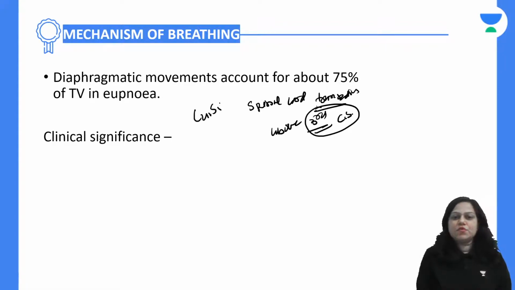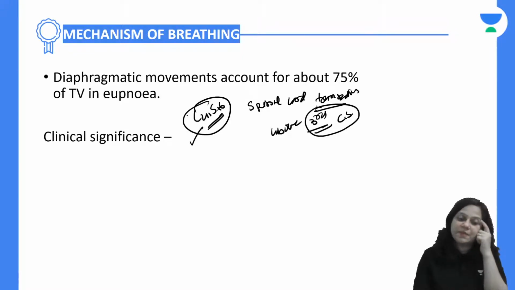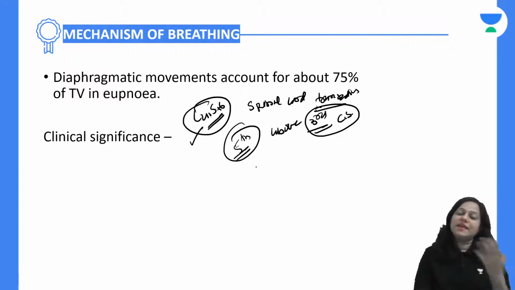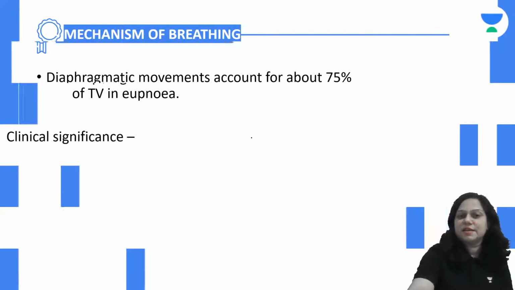The reason is C4, 5, 6, diaphragmatic paralysis will be there. But if there is a transection below the fifth cervical segment, in that case the phrenic nerve will be left, which innervates the diaphragm, so diaphragmatic movements will be intact, so it will not be a fatal condition.